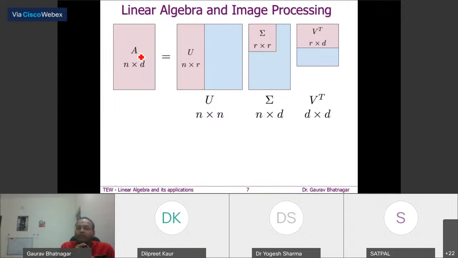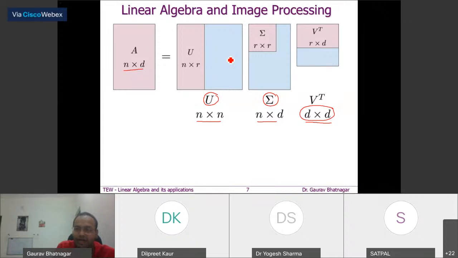Let's say the dimension of A is n cross D. Then this factorization is going to give me a matrix U of size n cross n, Sigma of size n cross D, and a matrix V of size D cross D. Since these are the factorization of matrix A, the multiplication of these three components will give you matrix A back.